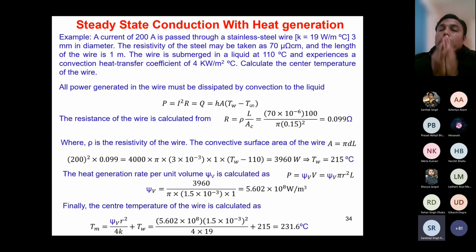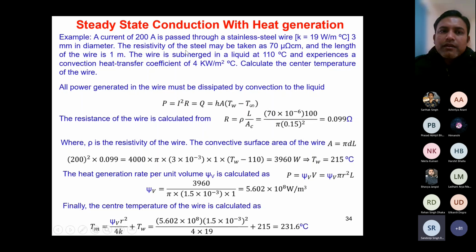Okay, so let's look at one example solved based on whatever we have seen today. In this example, a current of 200 ampere is passed through a stainless steel wire with a thermal conductivity of 19 watt per meter per degree Celsius, and the diameter of the wire is 3 mm.